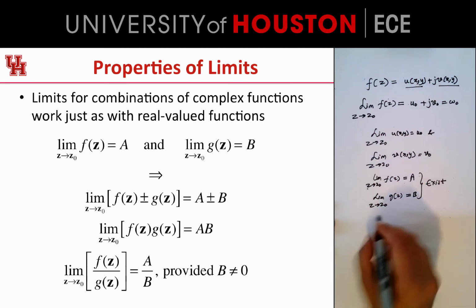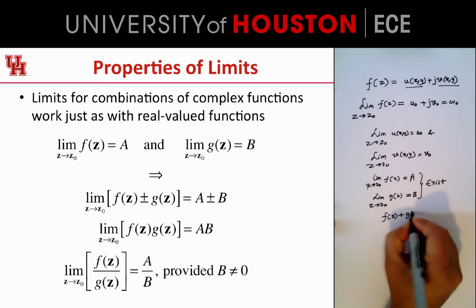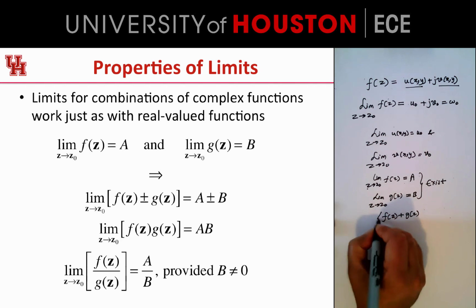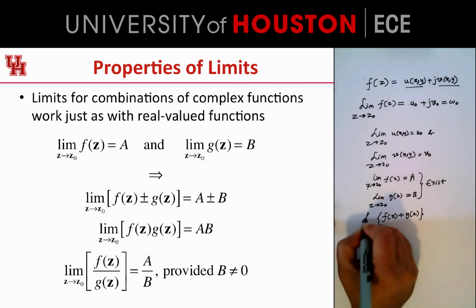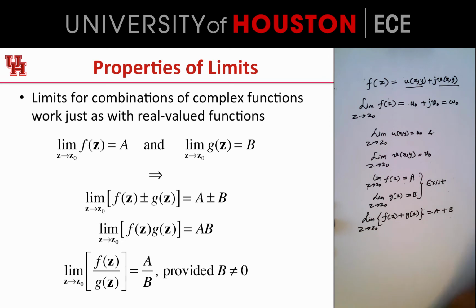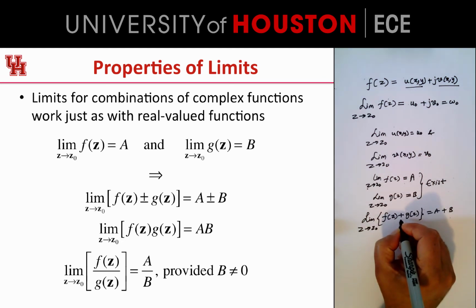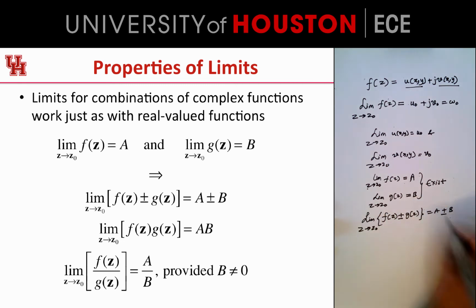In that case, suppose I look at the sum of f and g and ask what the limit is. Then this is simply given by a plus b. And as an aside, if this happened to be a minus sign, then this will also be a minus sign.